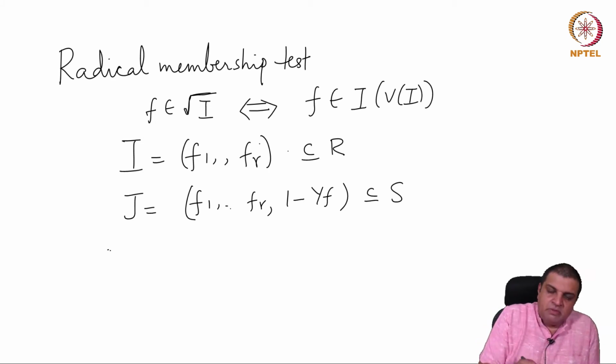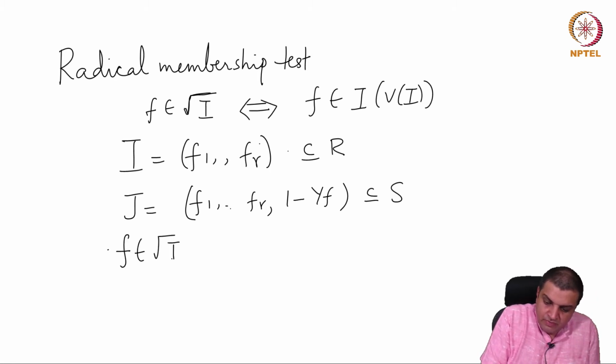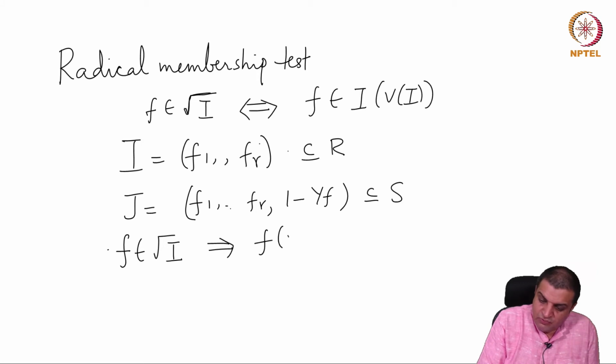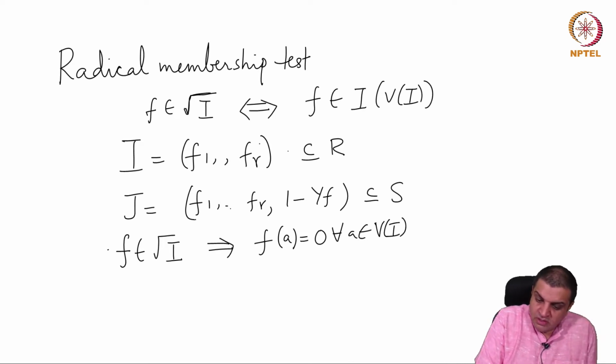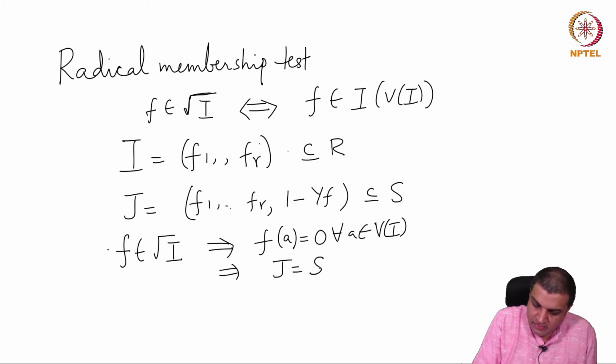From the previous theorem, f in the radical implies that f of a is 0 for all a in V of I. So if you substitute any point where the fi's vanish, then f will also vanish, and hence this does not have any solution. So this means that J is the unit ideal.